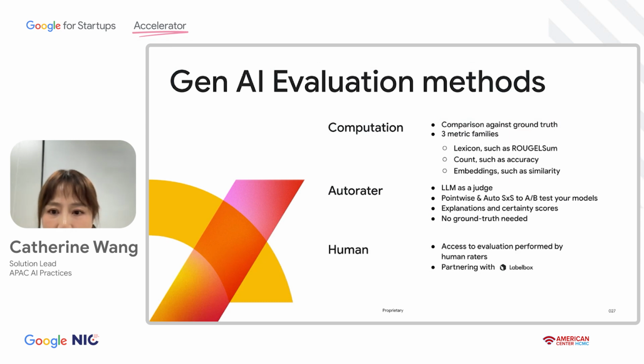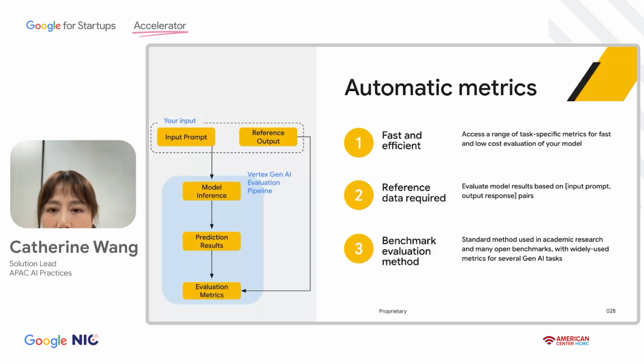So this already explained. So first of all, the automatic metrics. Automatic metrics are, I would say, quite mature at the moment. Those scores have been widely used in the community to measure the performance of each model.